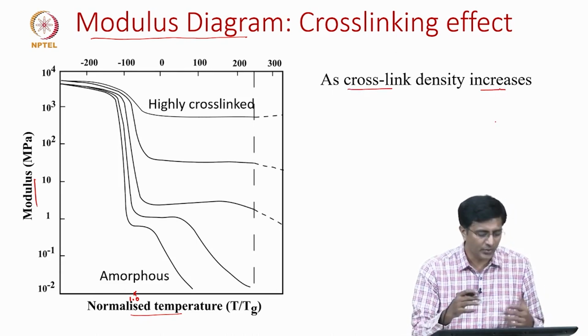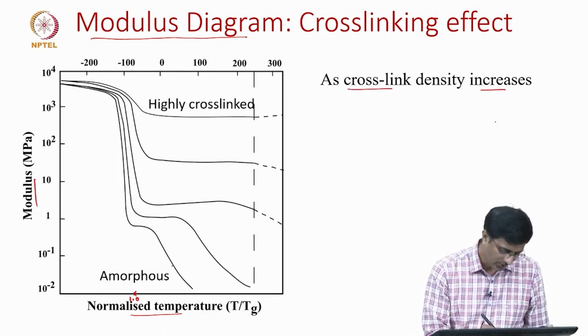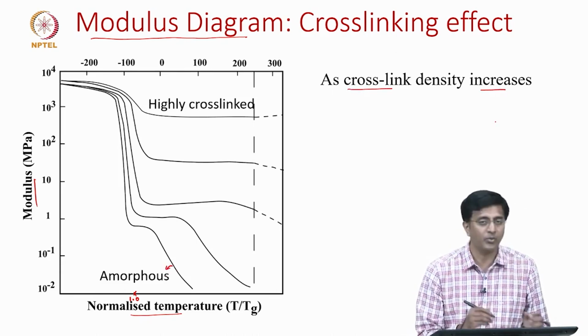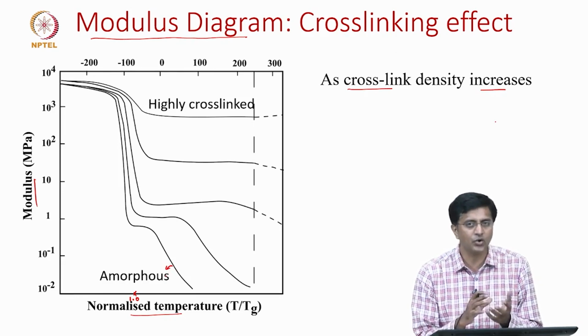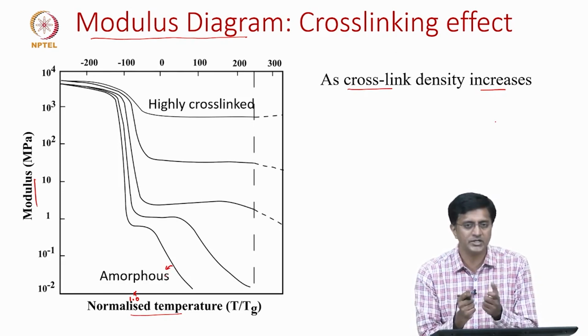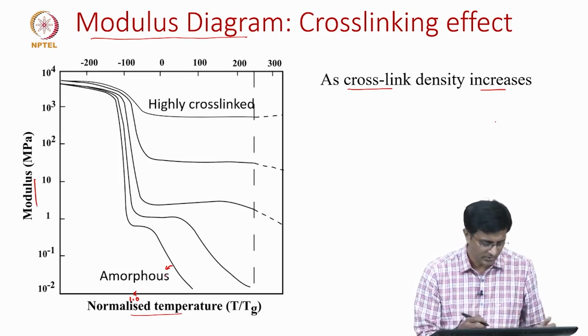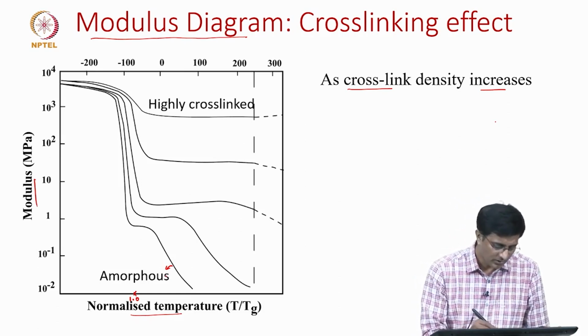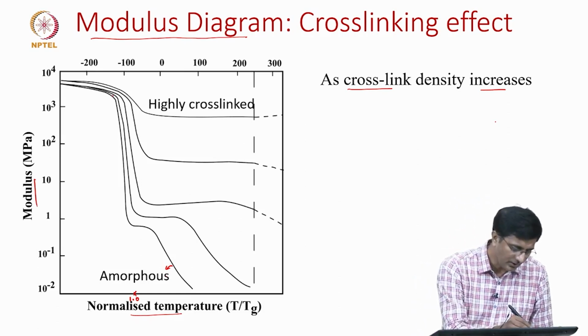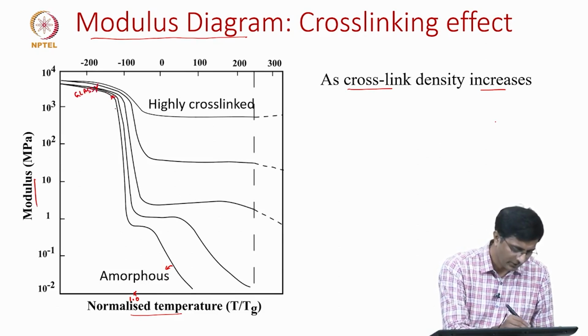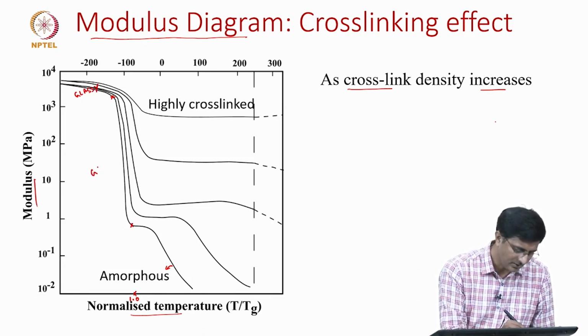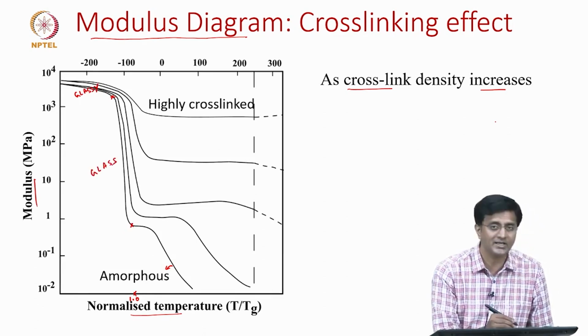So, let us look at the two extremes. The curve here is for the amorphous, meaning there are no cross links at all. So, the only thing which is bonding these polymer chains are the secondary bonds. So, until here we get the glassy region, and from here to here we have this glass transition or the viscoelastic transition.